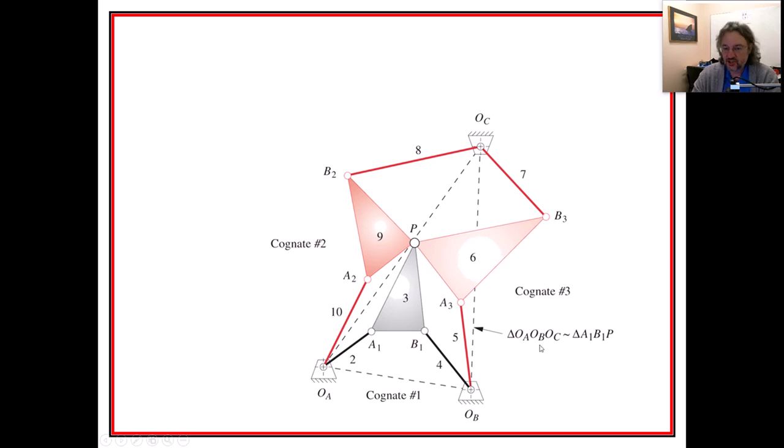So this shape right here, this A, B, C, this OA, OB, and OC, is going to have the same proportions as that A1, B1, and P. So once again, we have a similar triangle. We could use that idea to figure out where that new location is.